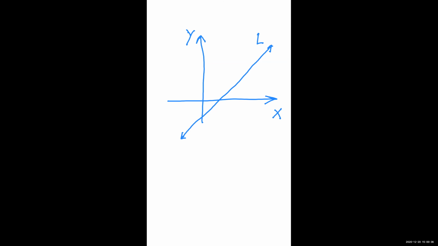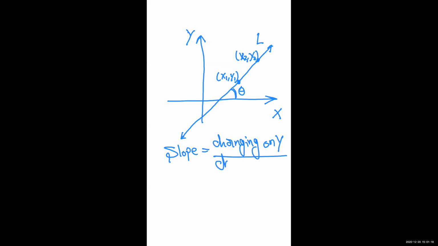and if we want to get the slope, if there are 2 points here, like this one and like this one, if this point is x1 and y1, and this point is x2 and y2, we said that the slope equals the change in y over the change in x.